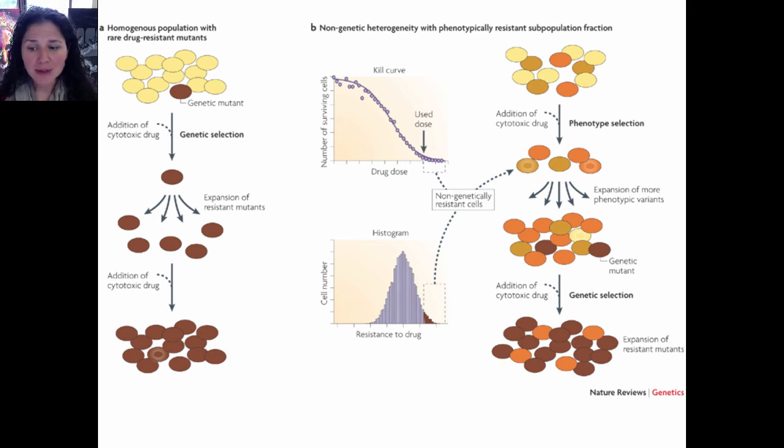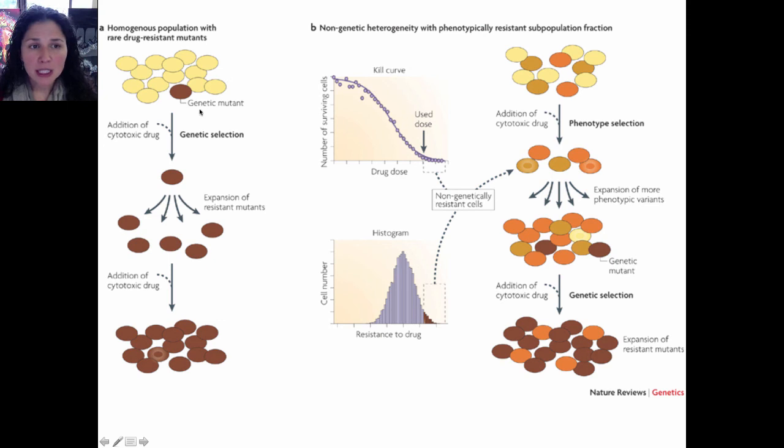Here is a scheme from a scientific paper in Nature Reviews that shows how evolution happens. There are two examples of how this happens, but the main features are that there must be genetic mutation and there must be a stress. Evolution is the change in the distribution of population. Here's an example.